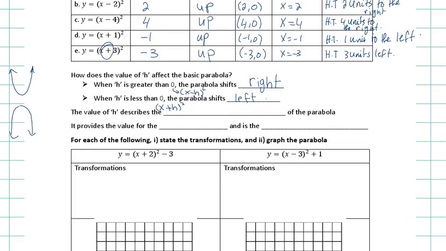The value of h describes what kind of translation. So h describes the horizontal translation of the parabola.